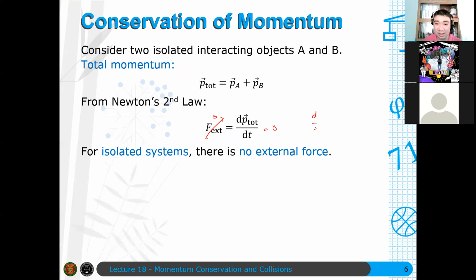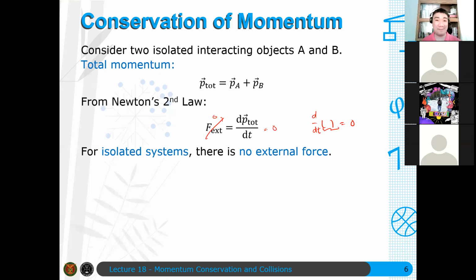If d/dt of something equals 0, what can we say about this something here? Ano masasabi natin from your Math 21? Constant. Constant lang yan, di ba? It's constant in time. Strictly speaking, it's constant in time. Therefore, the momentum here is constant in time, and therefore, it should be conserved.